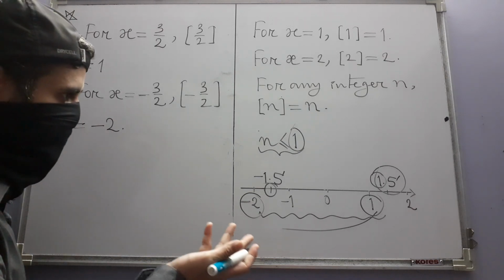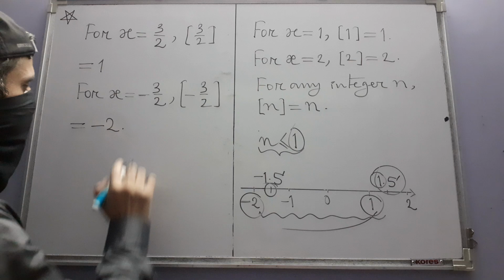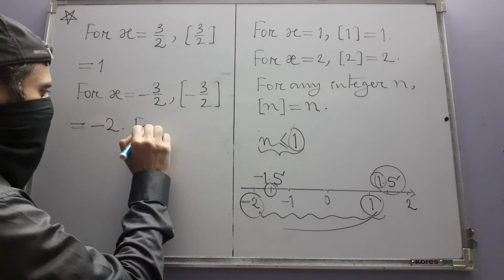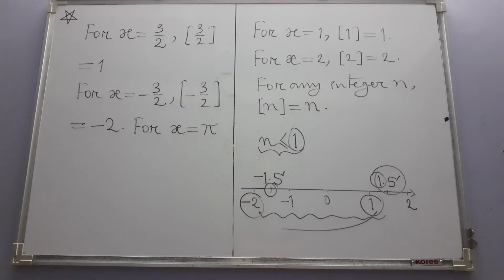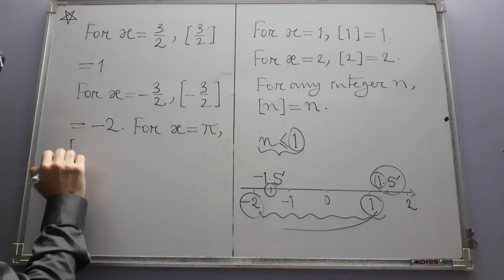And in fact, if you even take some irrational number, for x equal to say pi, what should this be?